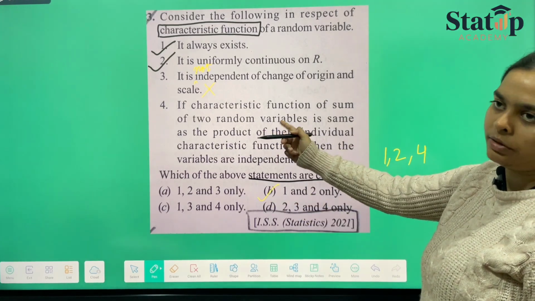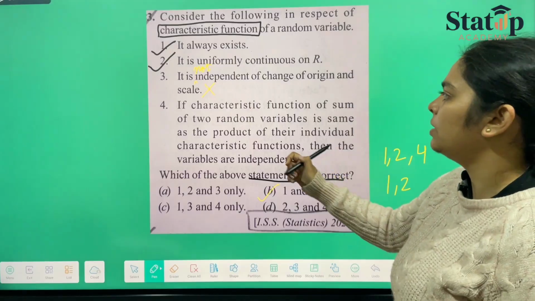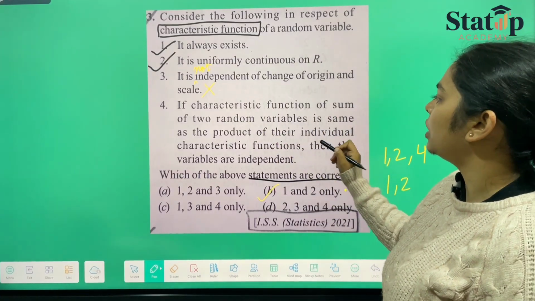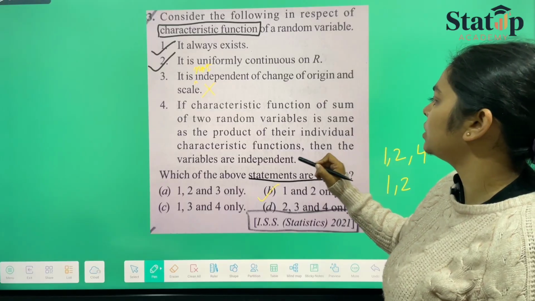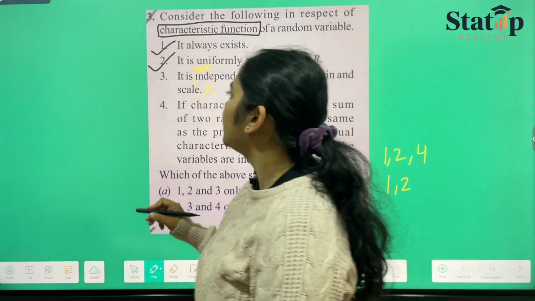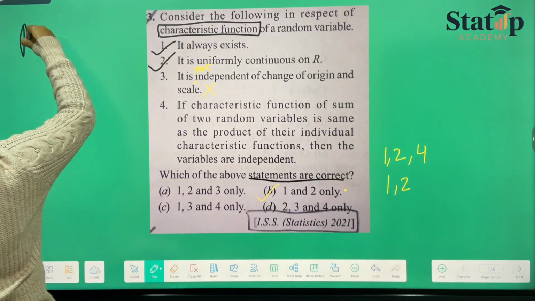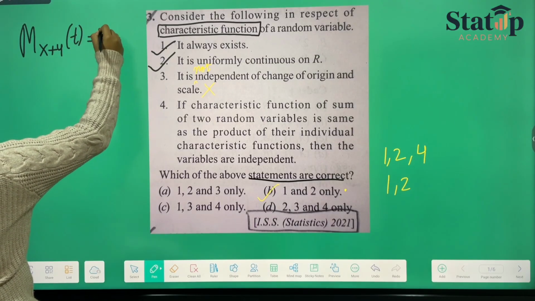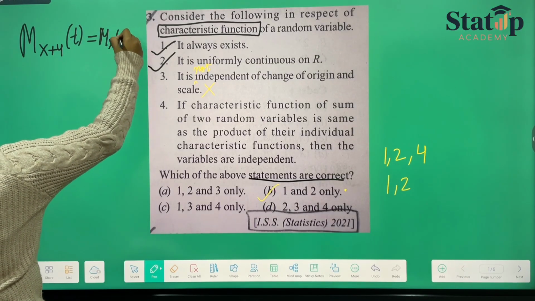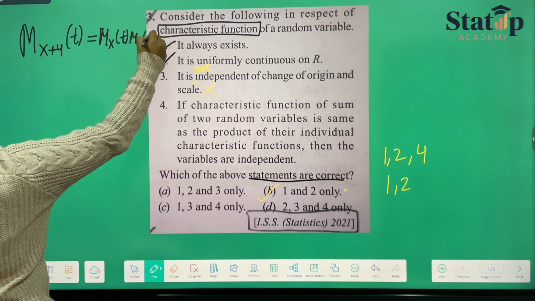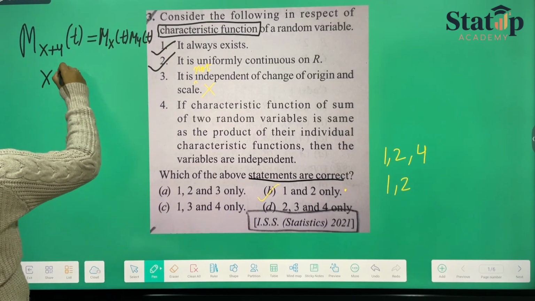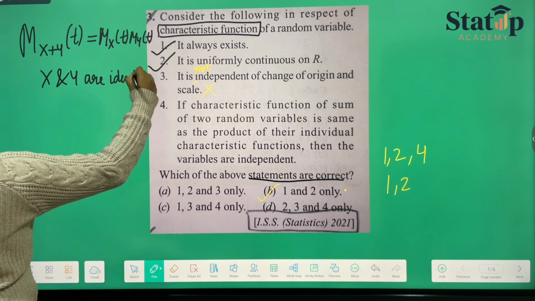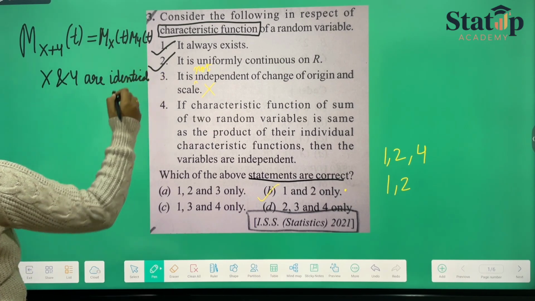We don't have to even see the fourth, but let us check it as well. If the characteristic function of a sum of random variables is the same as the product of their individual characteristic functions, then the variables are independent. No, that is only true for an MGF, where we state that if they can be represented as this, then x and y are identical, not independent, right?